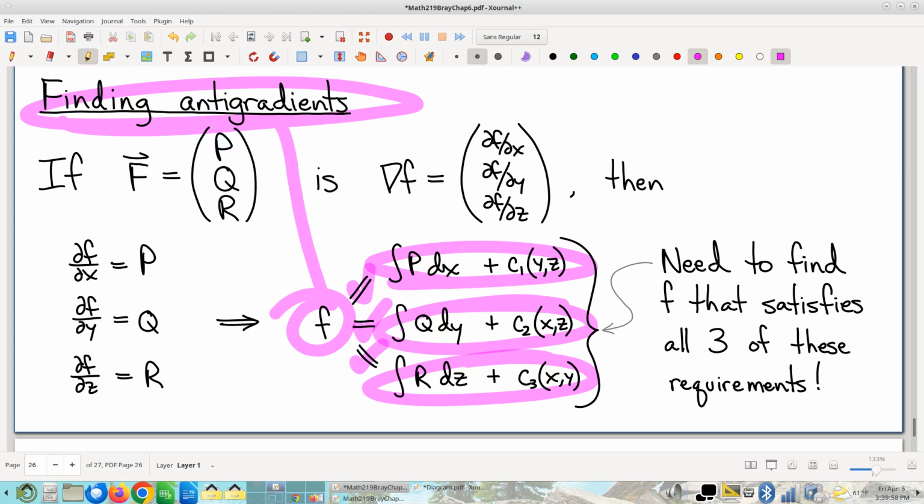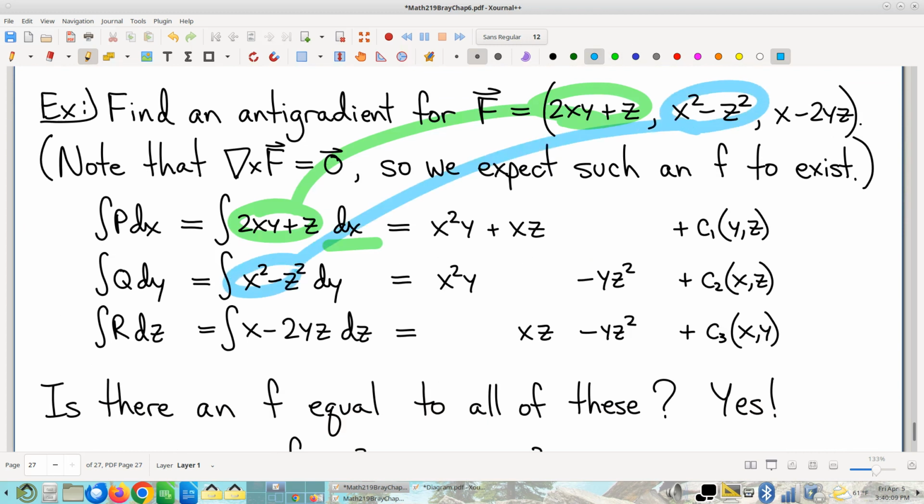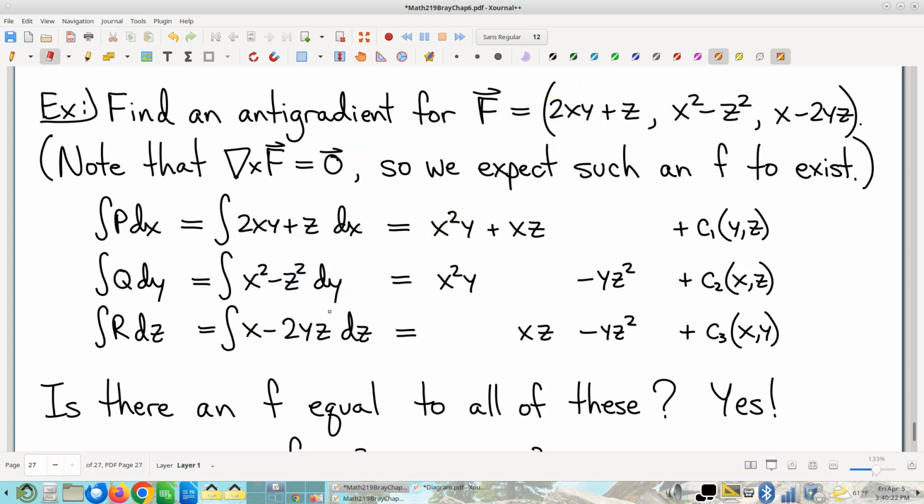And here we go. Let's do one. Following the pattern, we take the x antipartial of P, the y antipartial of Q, and the z antipartial of R. That's just following the equations from the previous page. Those are easy computations to do, right?